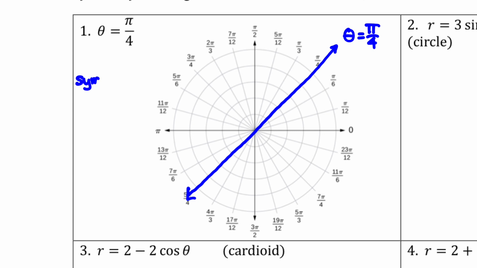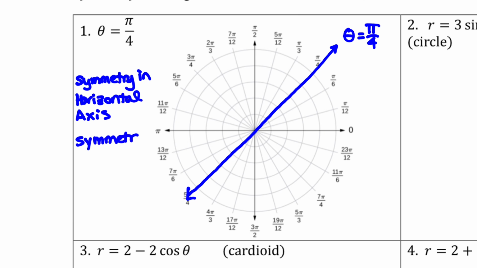The first type of symmetry is in the horizontal axis. Then you have symmetry in the vertical axis. And then we have symmetry in the origin, or we call it for our polar curves, the pole.